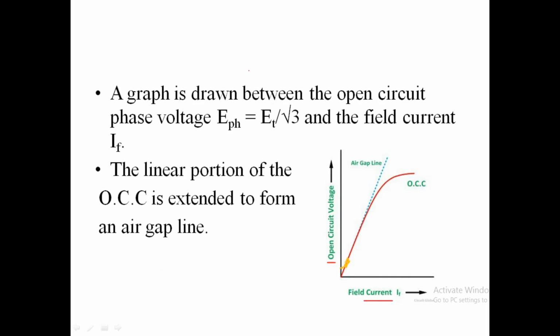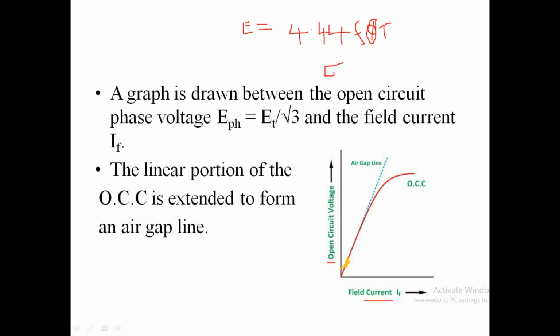What will we get? The EMF equation is 4.44 × f × phi × T. Whenever this DC supply I_F is increased, which quantity changes? Flux phi changes.